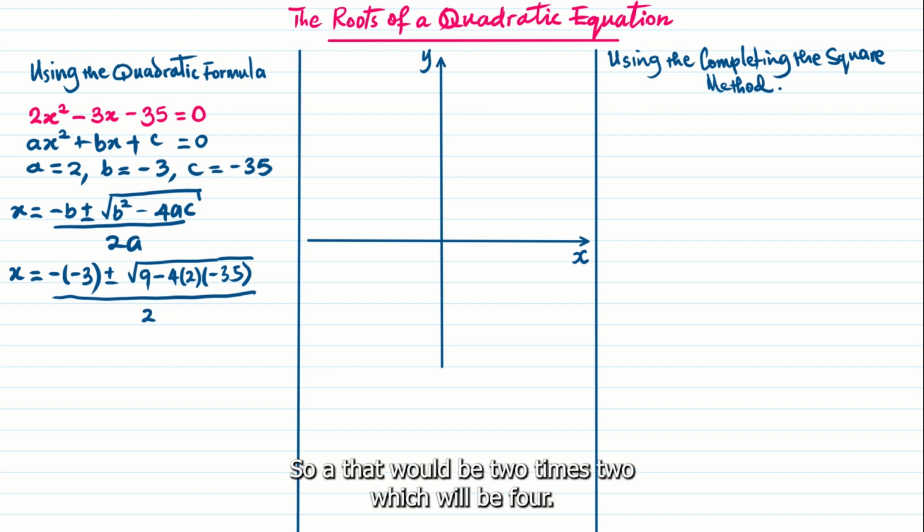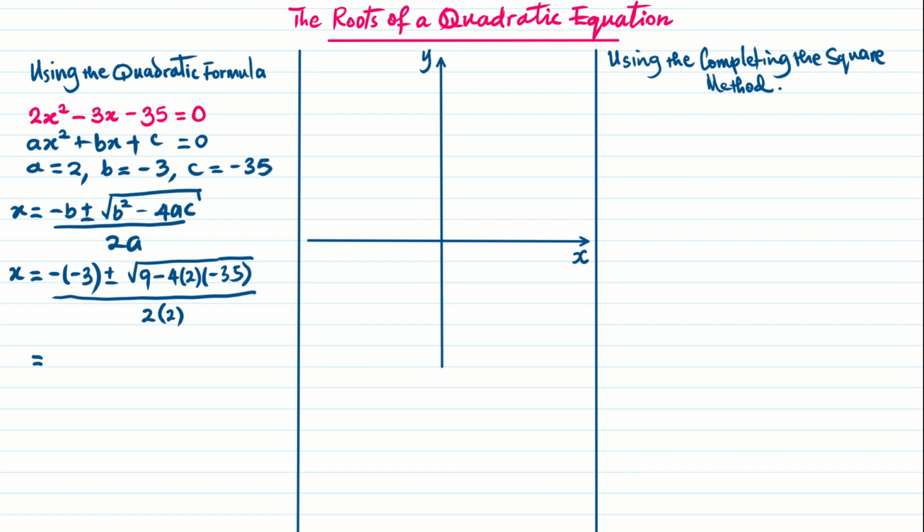Okay, so 2a there will be 2 times 2, which is 4. A quick use of our calculator will give us 3 plus or minus the root of 289, all over 4.